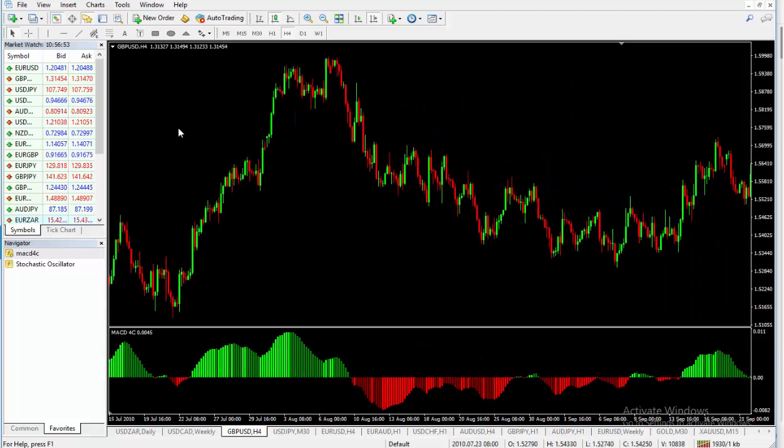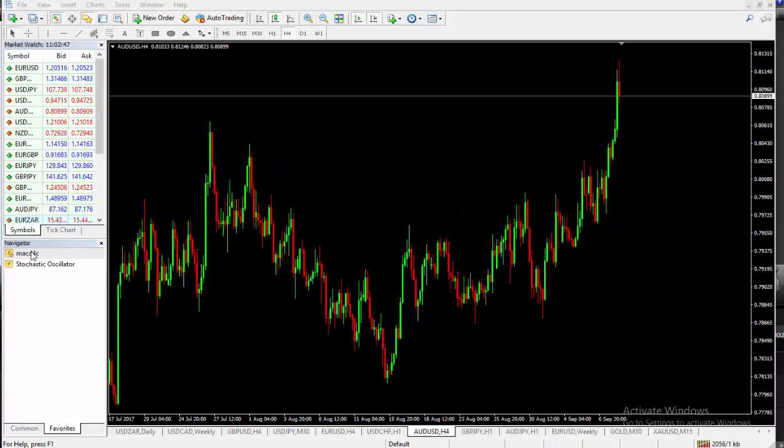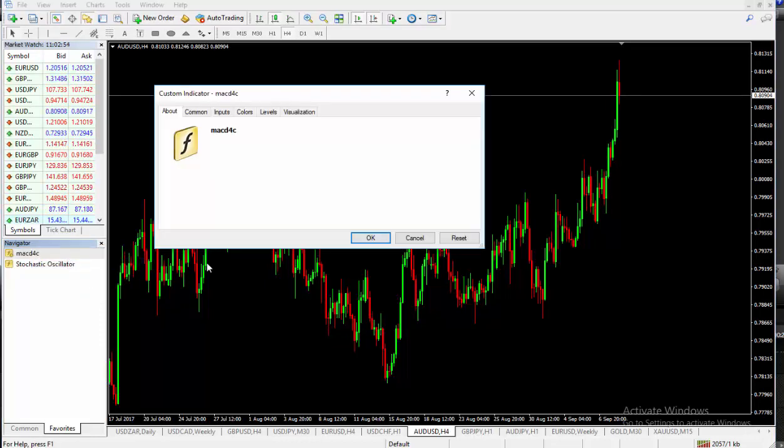See, we have divergence here. We have quite a lot of divergence. See how price is going down there? Okay, let's look at this AUD USD.